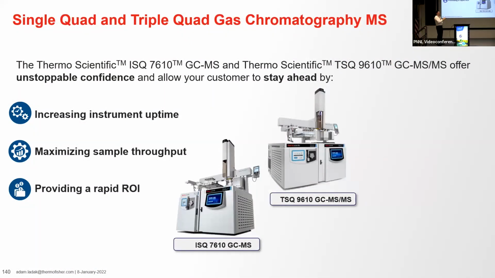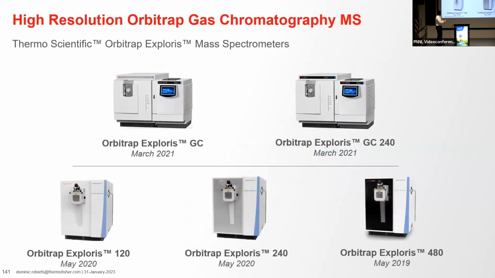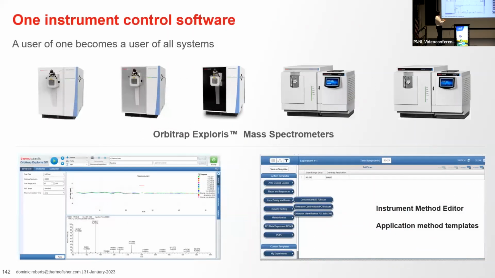We have both single quad and triple quad GCMS, in addition to high resolution accurate mass Orbitrap GCMS. And all of these are controlled in the same instrument control software, so if you sit down on any of these instruments, the software will look the same.